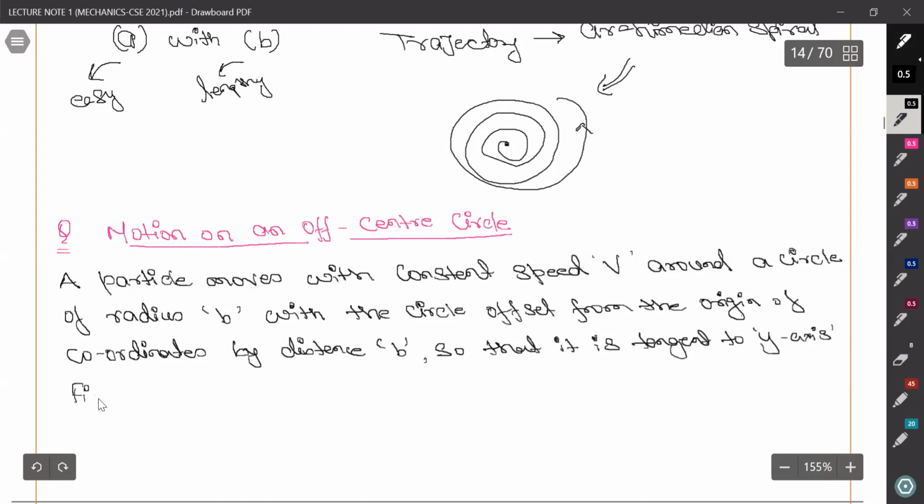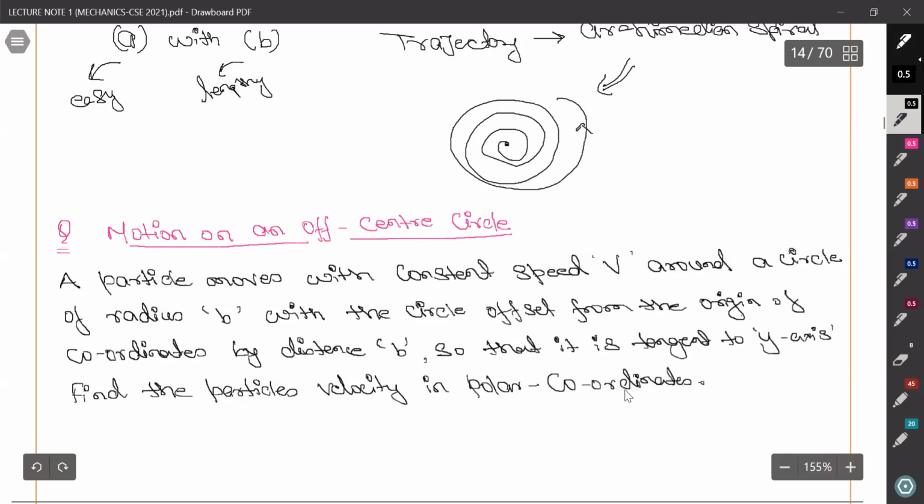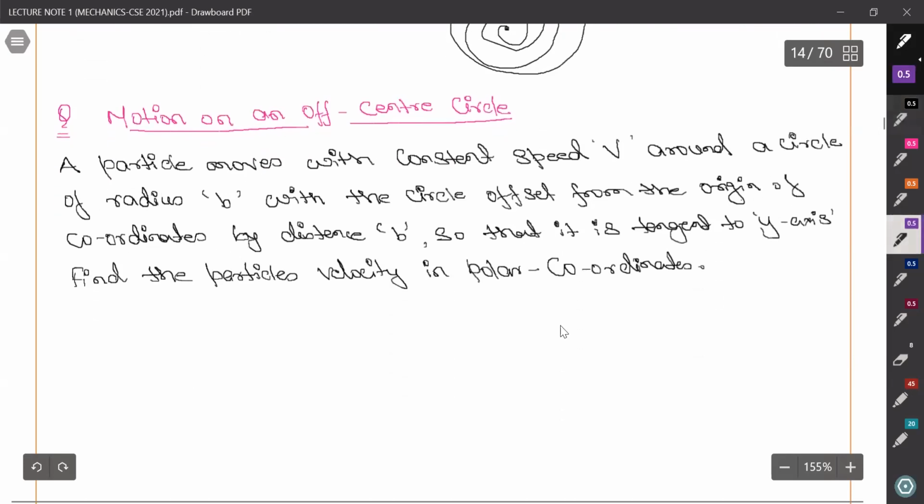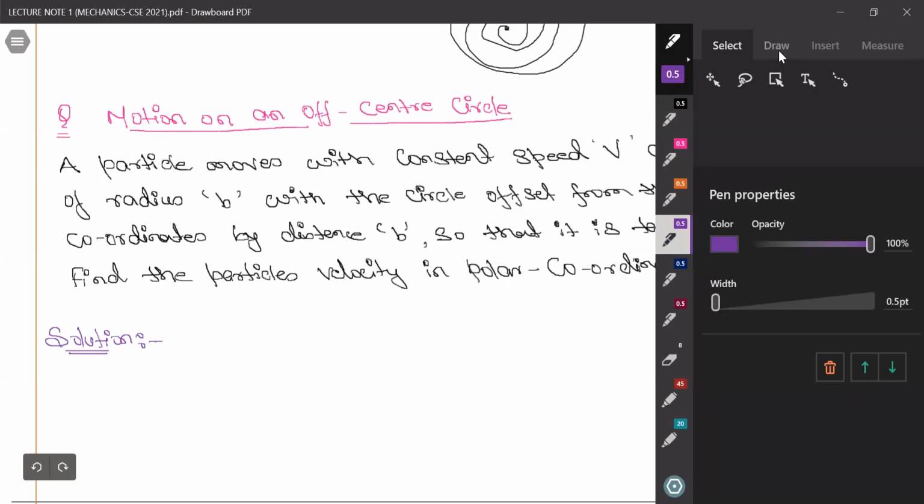So we have to find the particle's velocity in polar coordinates. So let us draw the diagram according to what the question is saying. We are writing the solution here.